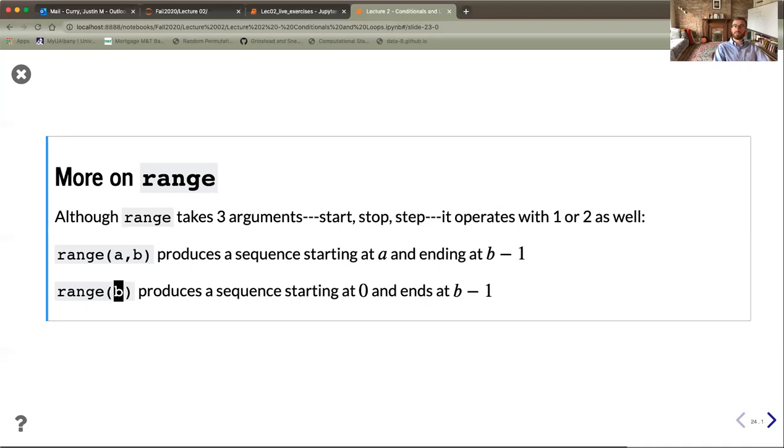But like most things in computer science, we start counting at 0. So we execute it with the 0th pass, the 0th entry, and then we stop executing at B minus 1. Because this just has the effect of doing it B times, even though it appears to be doing it 1 less.